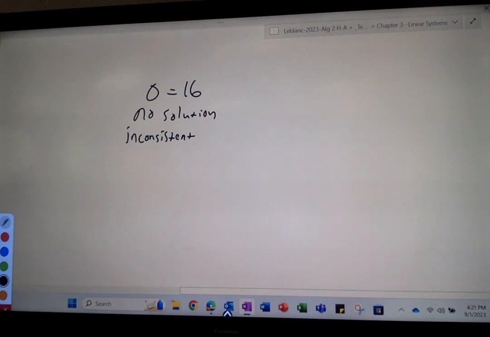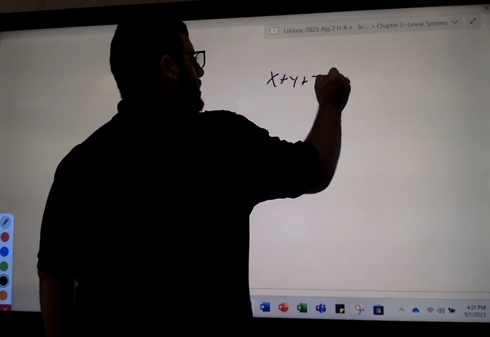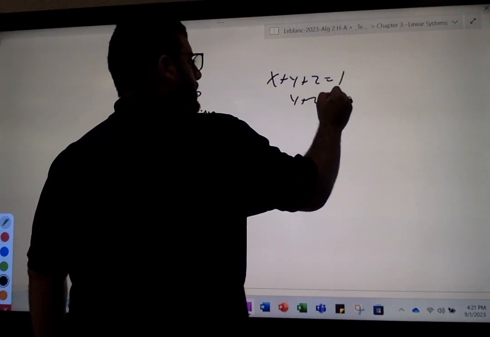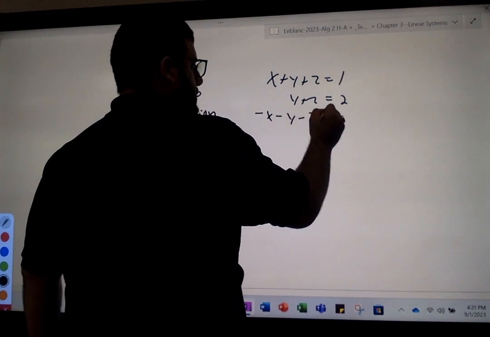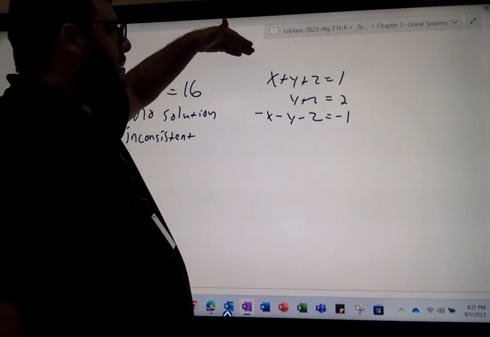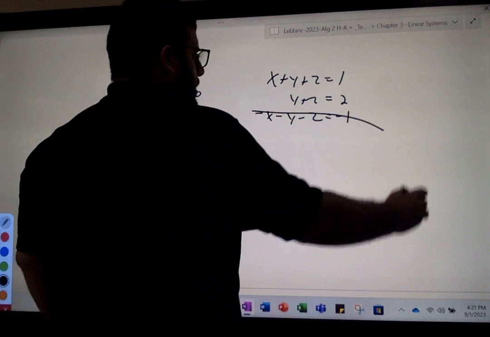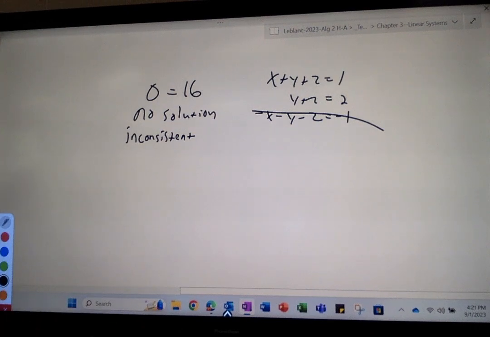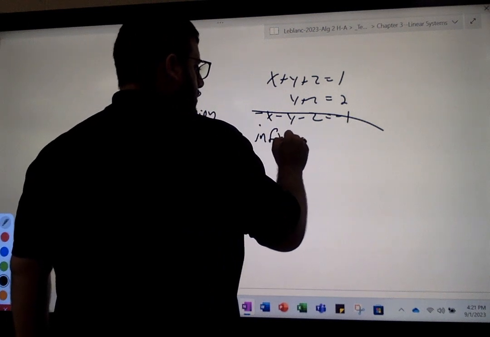But if it turns out one of your equations is a multiple of another, like for example, I used x plus y plus z equals 1, y plus z equals 2, and this is negative x minus y minus z equals negative 1. If I use elimination and I combine these two together, I completely lose that row. And then I have infinitely many solutions.